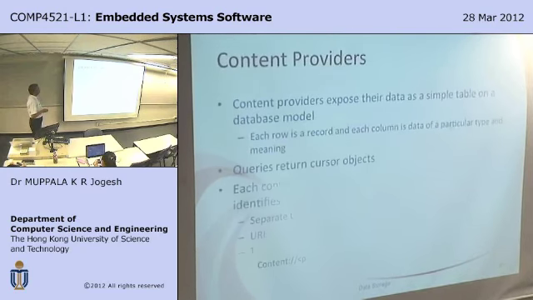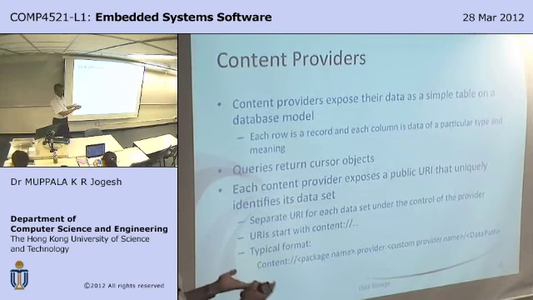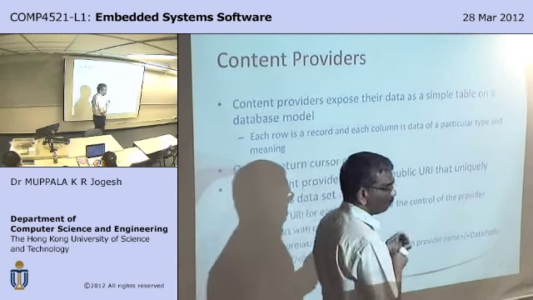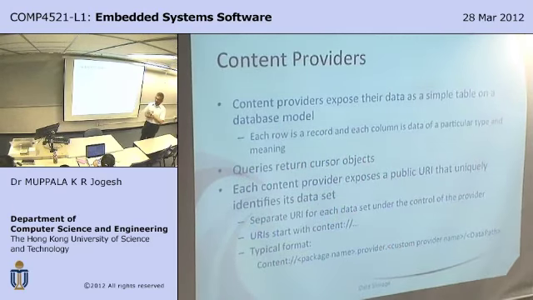Okay? Now, queries return, as I said, cursor objects. And since you already know how to deal with cursor objects from looking at how we deal with databases, it's the same procedure that you will use.